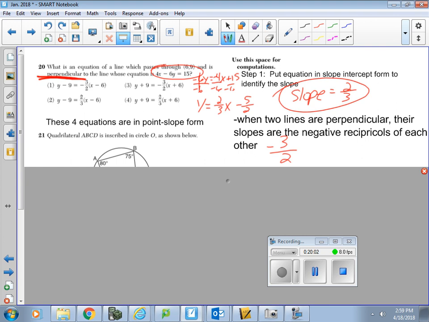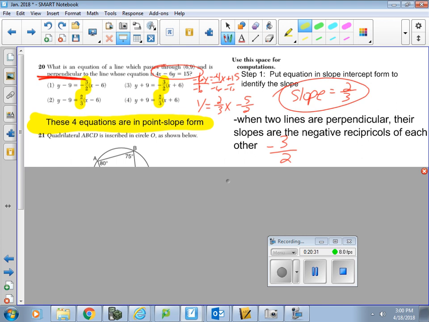All right, so if I look at my answer choices here, I have 4 answer choices. These answer choices are all in point slope form, which, if you're in my class, depending on when you watch this, we haven't gone over yet, but if you're just reviewing, maybe you know what that is. Whenever you have an equation in point slope form, the slope can be seen right on the outside of these parentheses.